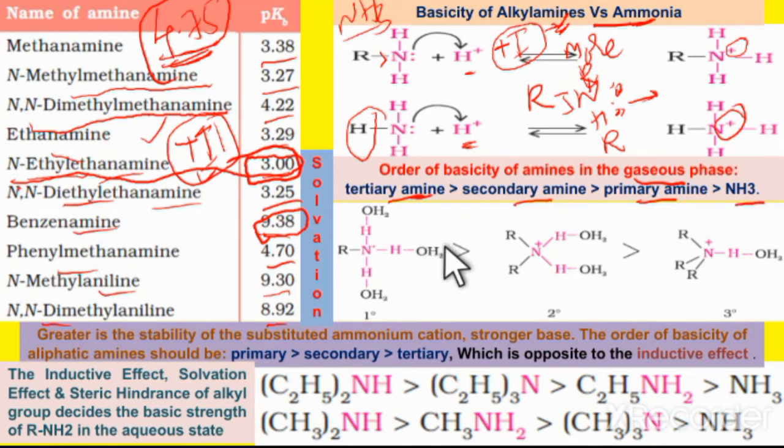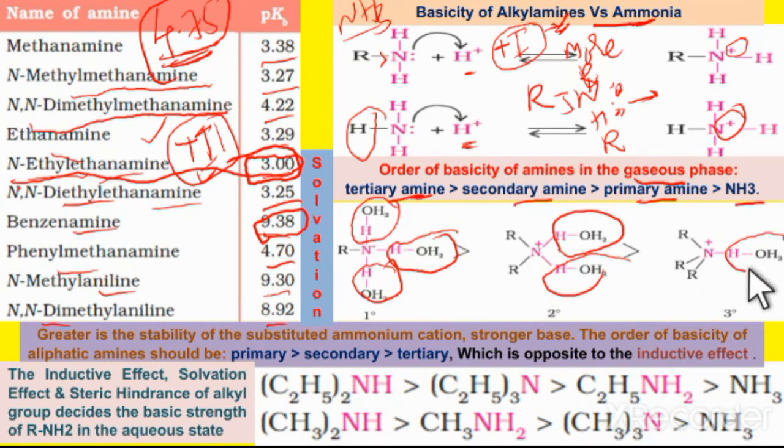Another factor that influences the basicity of amines is the solvation effect. When amines are dissolved in a solvent like water, the ammonium ions of the primary, secondary and tertiary amines are solvated. Water forms three hydrogen bonds with three water molecules in the case of primary amines, whereas secondary amines allow only two hydrogen bonds, and a tertiary amine only one hydrogen bond.